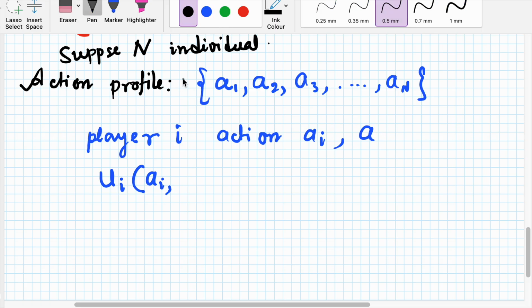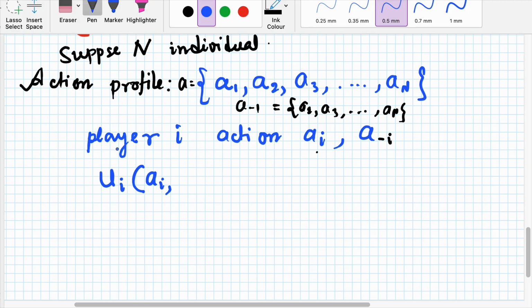So this is a minus i. Except i, if I take i equal to 1, here a minus 1 will be the set a2, a3 dot dot dot an. That means if I take a1 from a, then it will become a minus 1. So if I am talking about the player 1 strategy, then the other players' strategies can be rewritten in short form as a minus 1.